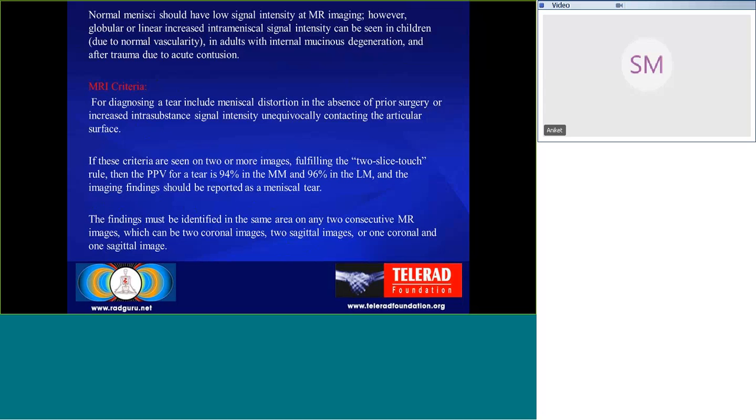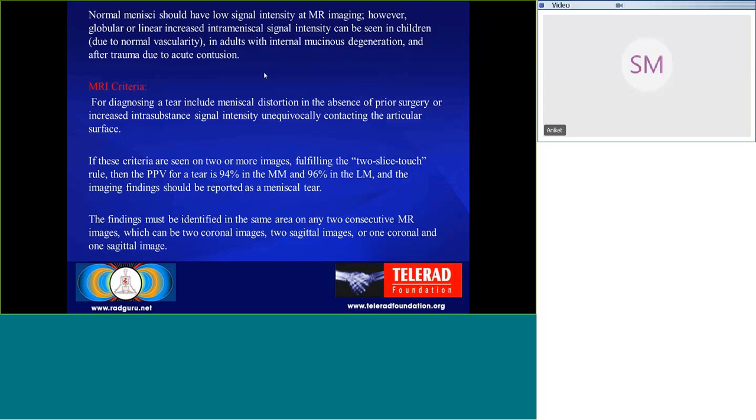Remember, the normal meniscus should always have a low signal intensity on MR imaging. However, globular or linear increased intrameniscal signal intensity can be seen in children, due to peripheral vascularity, that is the perimeniscal plexus, and in adults it can also be seen sometimes, which could be due to mucinous degeneration.